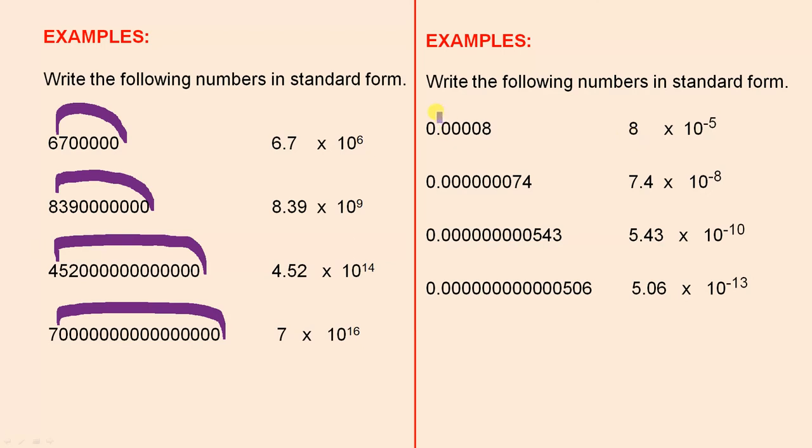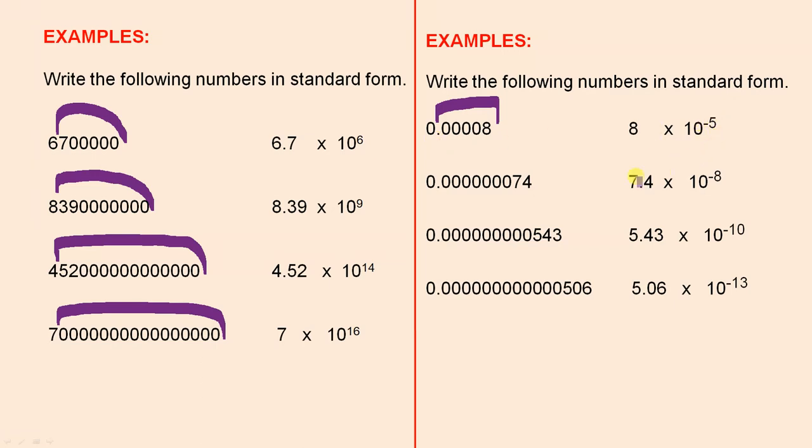We have to place it right there, which makes it 8. How many places do we have to go back to put it in the original position? 1, 2, 3, 4, 5. Because we're moving to the left, we have 10 to the minus 5.